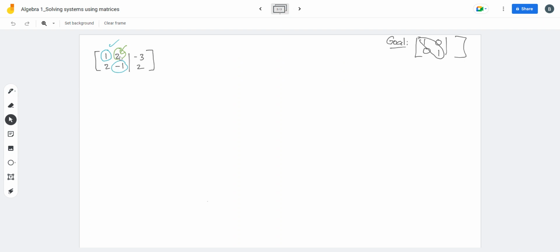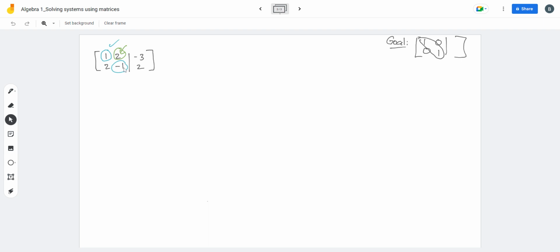So if I have number 2, what do I need to add in order to get 0? -2, right? It's the opposite number. This is pretty straightforward. So what does it mean? Right now here I already have -1.